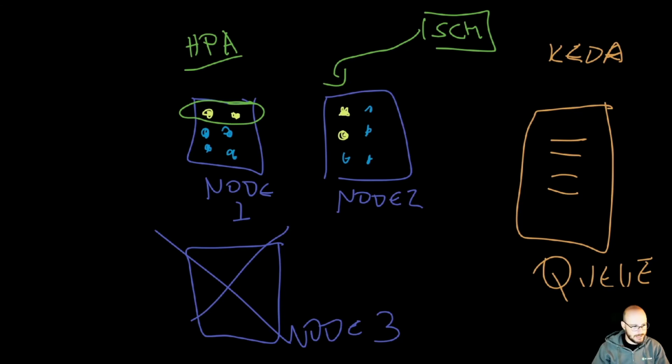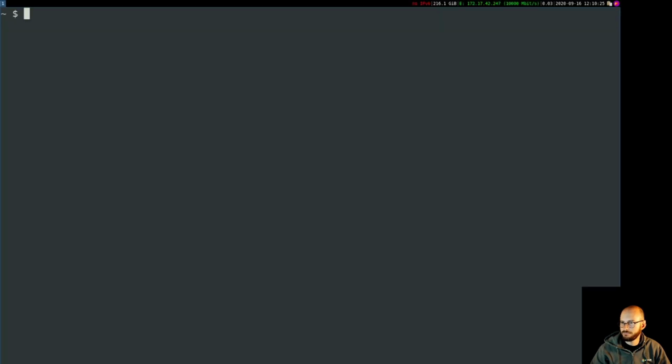Let's take a look at the command here just for HPA, and let me illustrate how that will work. If we bring this here, and let's just change for X11. What we're looking into is the following command.